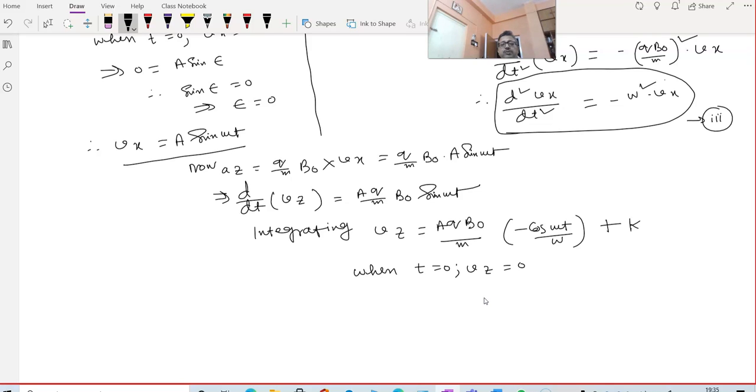Along z axis also no velocity was there. 0 equal to minus A Q B0 by m omega, cos 0 is 1, plus K. So K we got here.